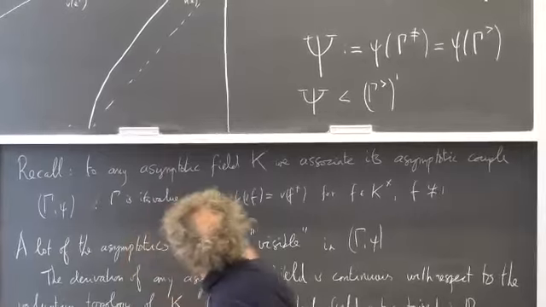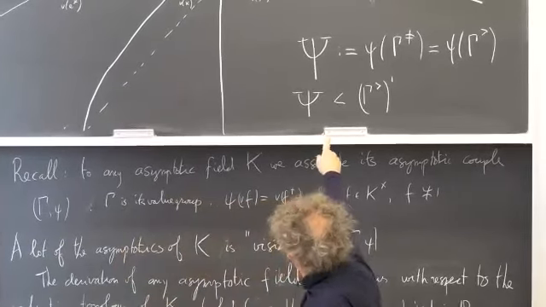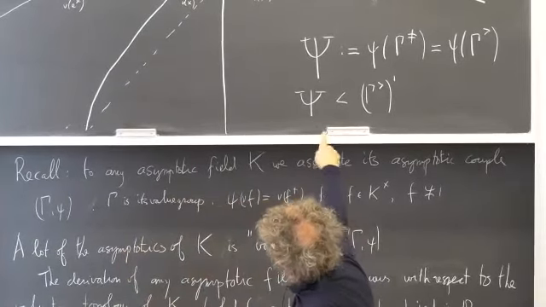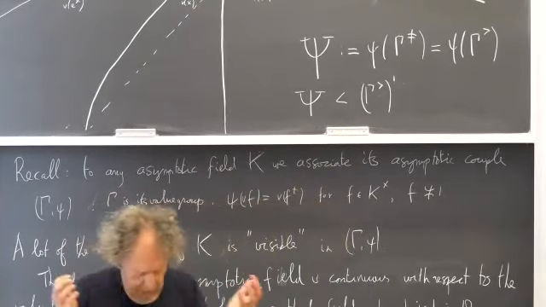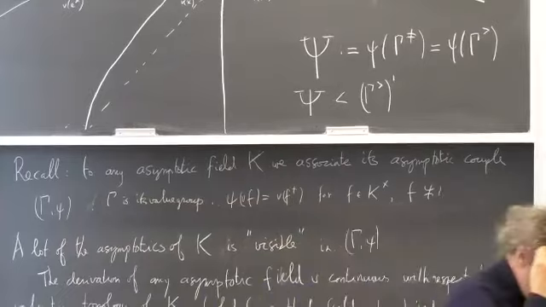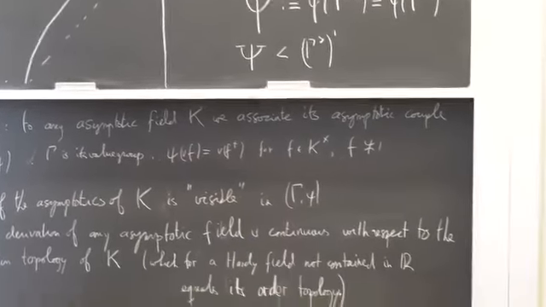Okay, so we make these definitions for any asymptotic couple whatsoever, although we are mainly interested in H-asymptotic couples. You might wonder, why not just restrict your attention to H-asymptotic couples?